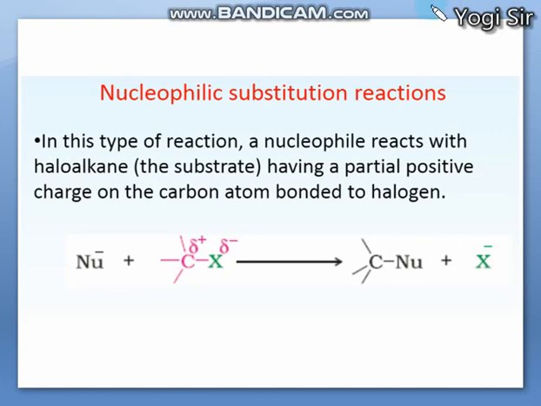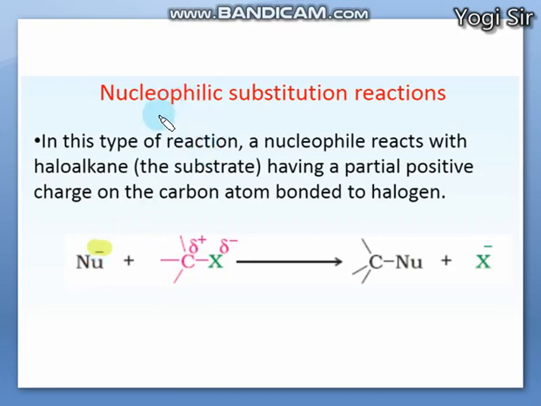So the first one is nucleophilic substitution reaction. We know what a nucleophile is, right? A nucleophile, which can be either negatively charged or have a lone pair of electrons, is known as a nucleophile.